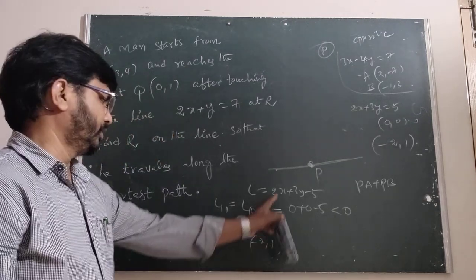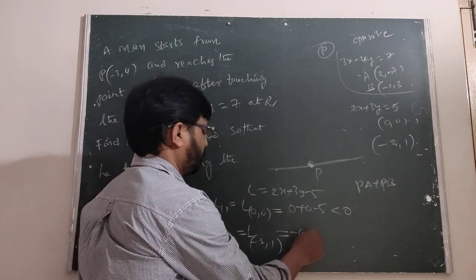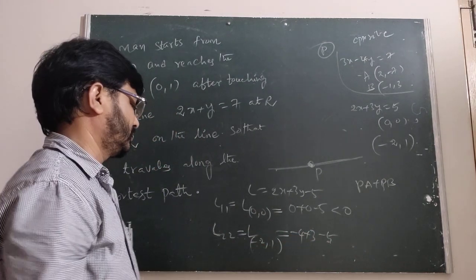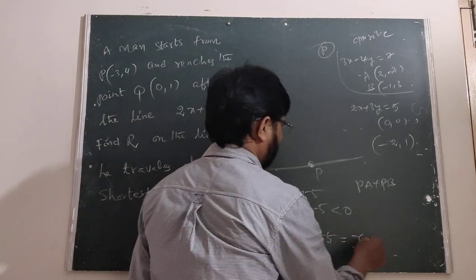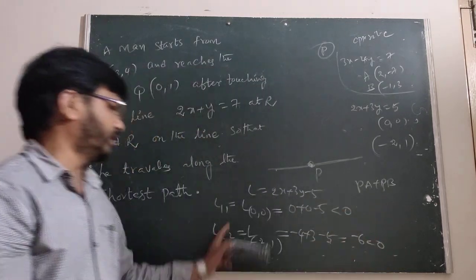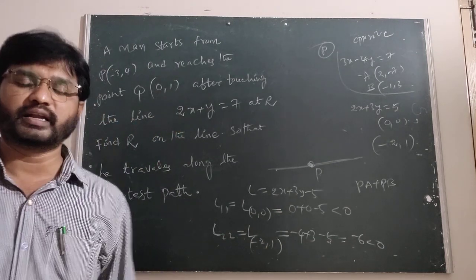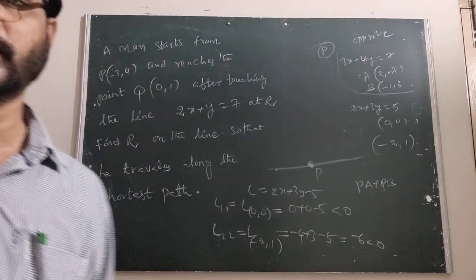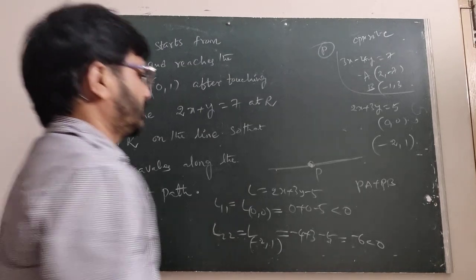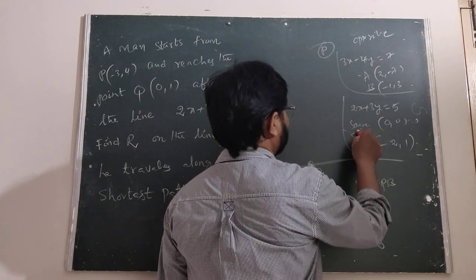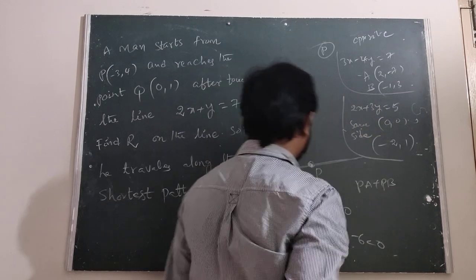Substituting, minus 4 plus 3 minus 5, here also we get minus 6, less than 0. Therefore both L11 and L22 are less than 0, both either less than or greater than 0. We know that they lie on the same side. Therefore these two points are on the same side.